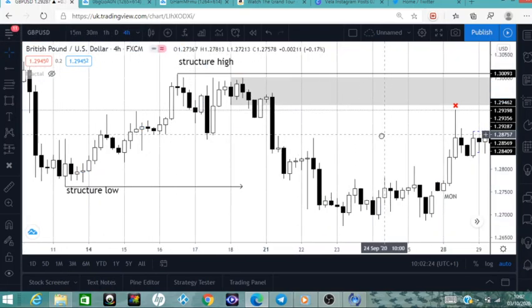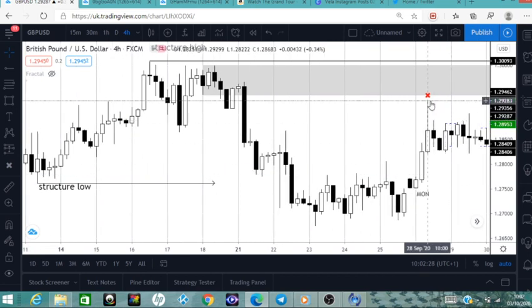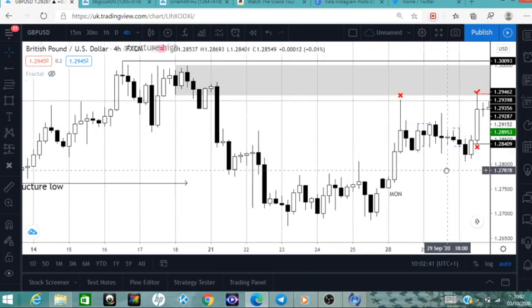So I waited for Tuesday to come, which now begins here, and I expected us to potentially take Monday's high into this higher time frame block area of selling. Tuesday decided not to do it, we rallied down, and then Wednesday opened up and we did.